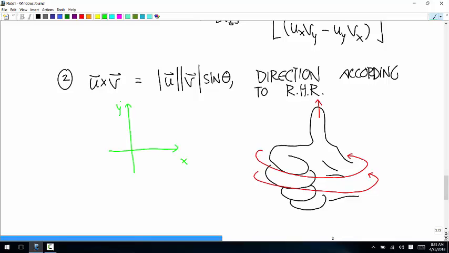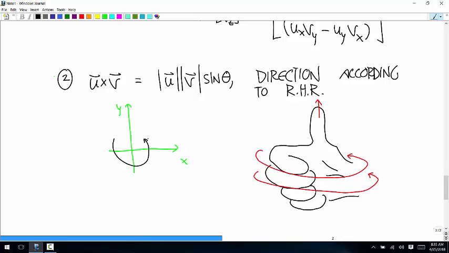Okay. So now, think about a rotation that's counterclockwise. Your fingers represent that rotation. Which way is your thumb pointing? Yep, and is that positive or negative Z?